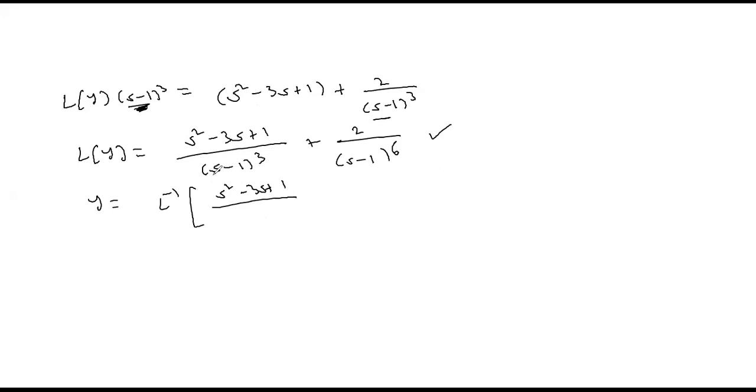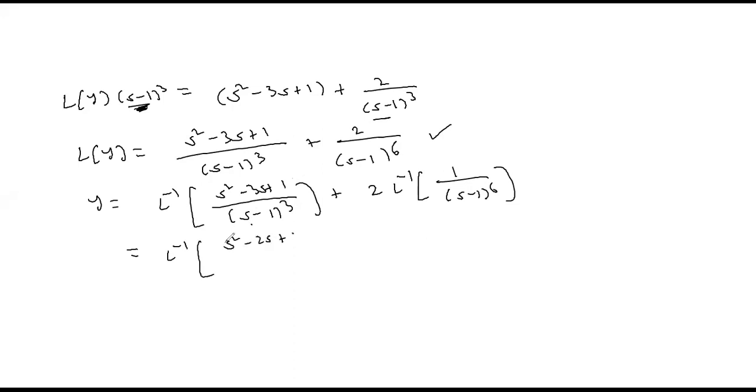So s square minus 3s plus 1 by s minus 1 whole cube plus 2 times L inverse of 1 by s minus 1 whole power 6. Now how do I find this? Can I write it as s square minus 2s plus 1, minus s plus 1?